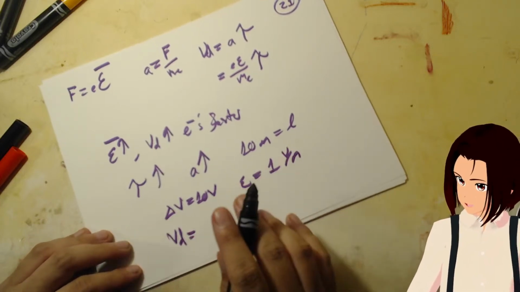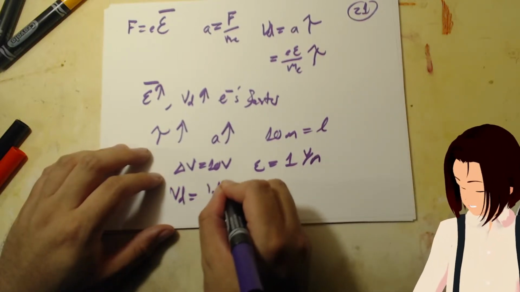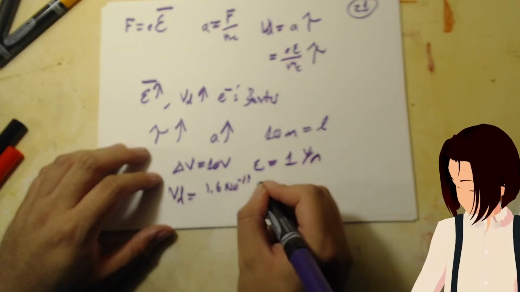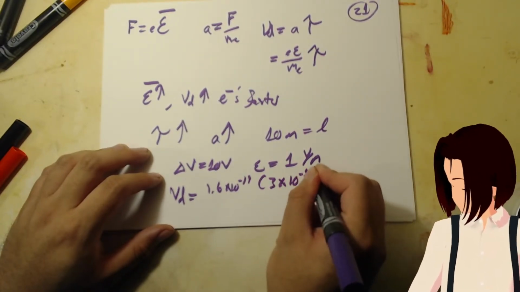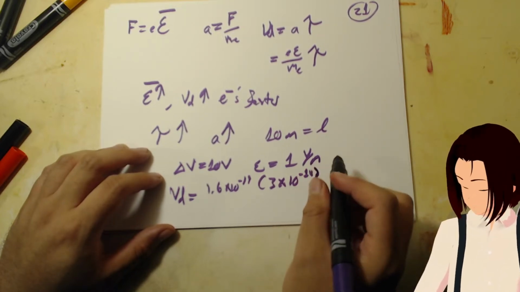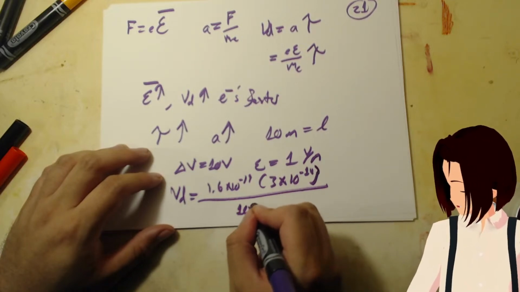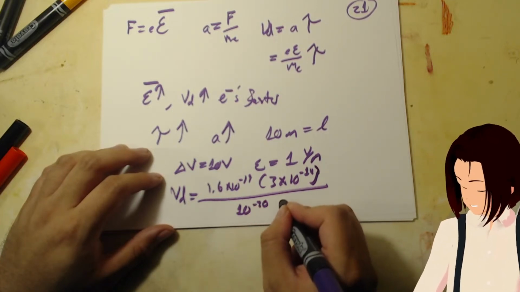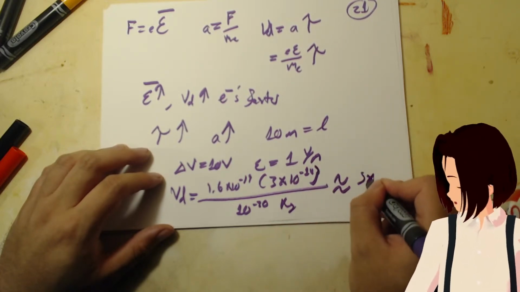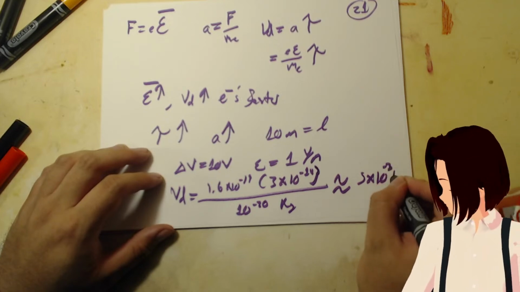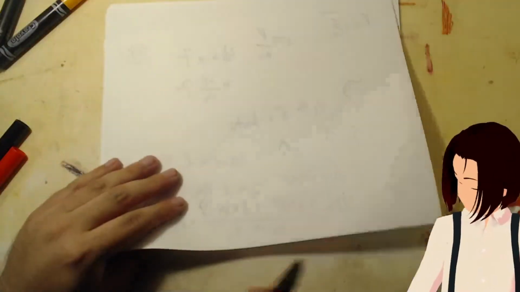I already did the math: 1.6 times 10 to the negative 19 multiplied by 3 times 10 to the negative 14, divided by the mass of an electron in kilograms. It's about 5 times 10 to the negative 3 meters per second. So that's our drift velocity.